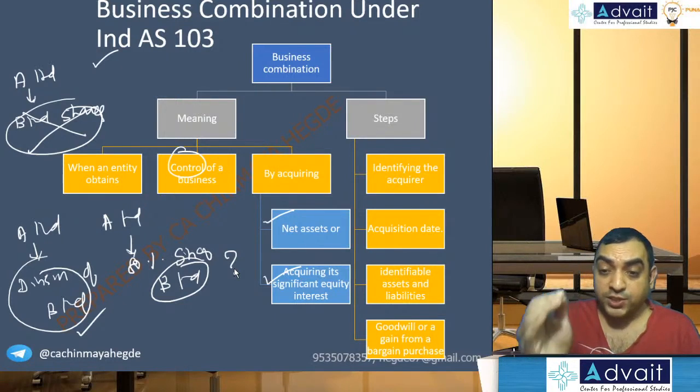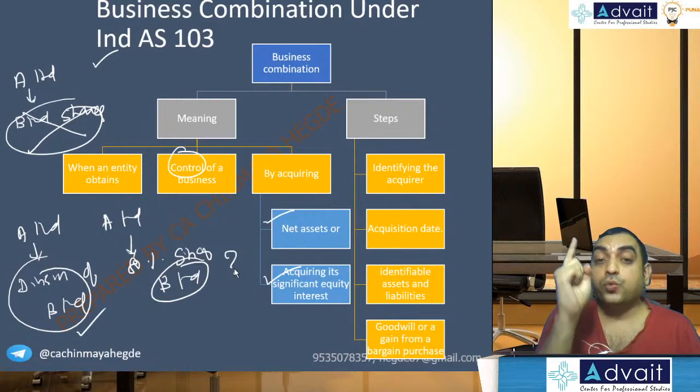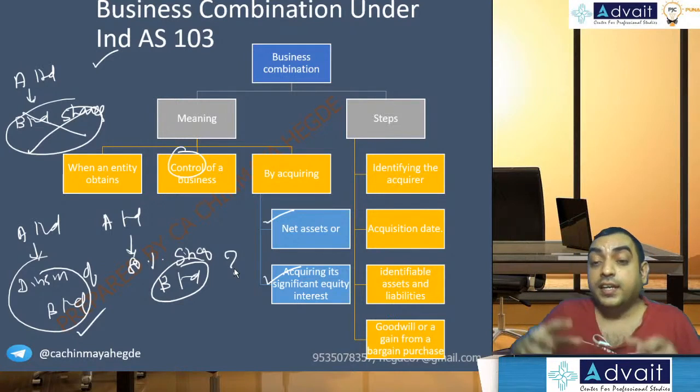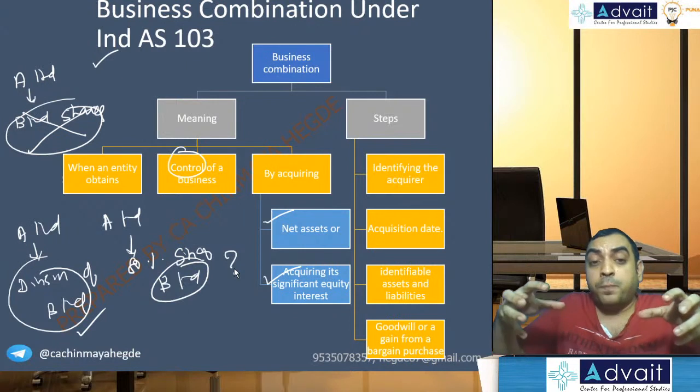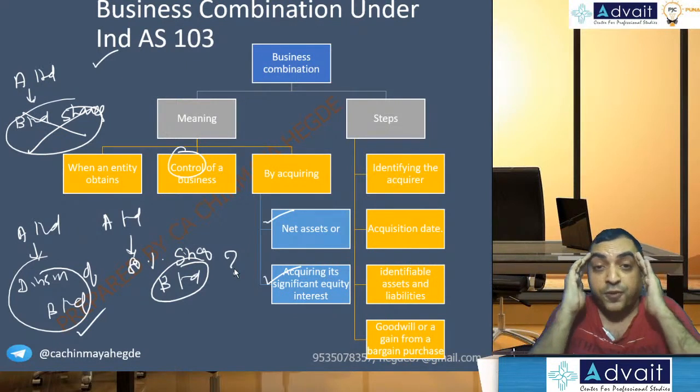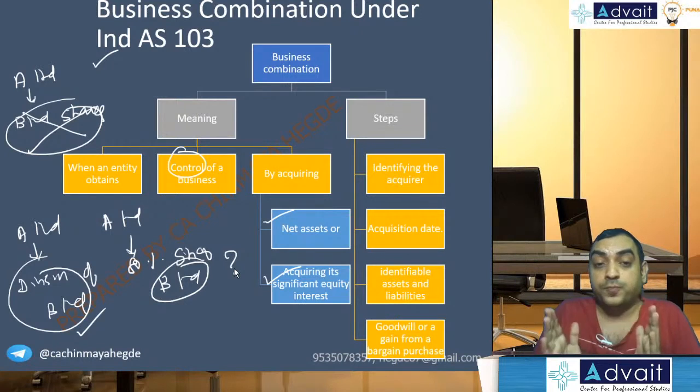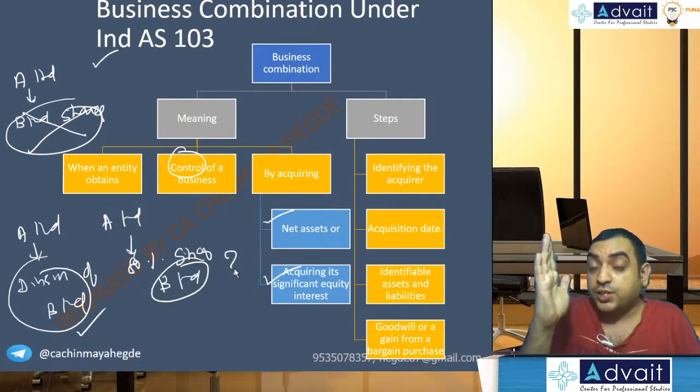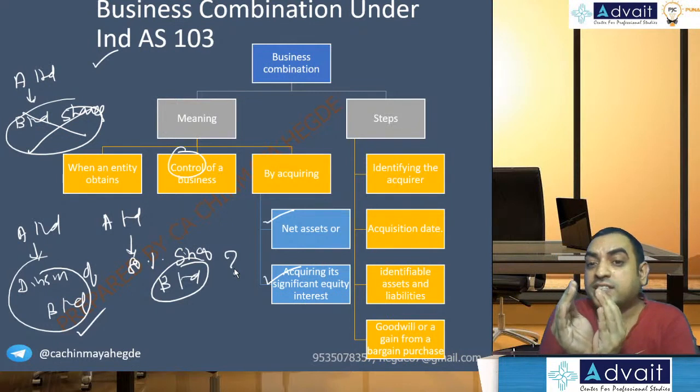On the date of acquisition, Ind AS 103. Ind AS 103 is a comprehensive standard. You don't think from the AS 14 point of view. AS 14 amalgamation, no, that is a small standard.